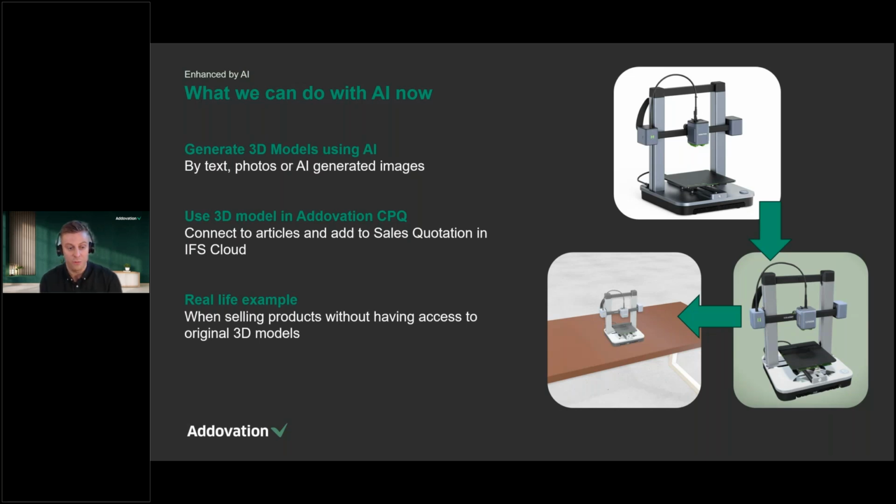A real life example of this would be companies that do not have access to the original 3D models. Maybe they are selling products that they do not manufacture themselves. A company like this could use AI to generate 3D models for them and then start using Addovation CPQ anyway.